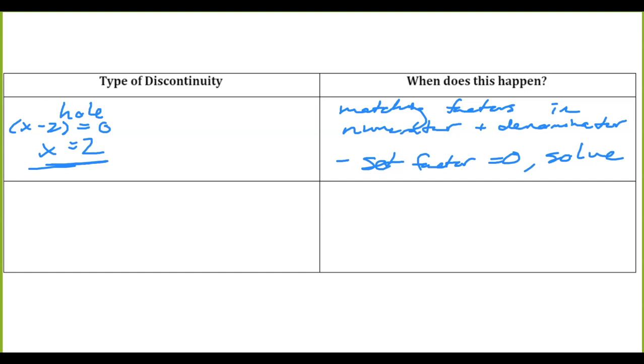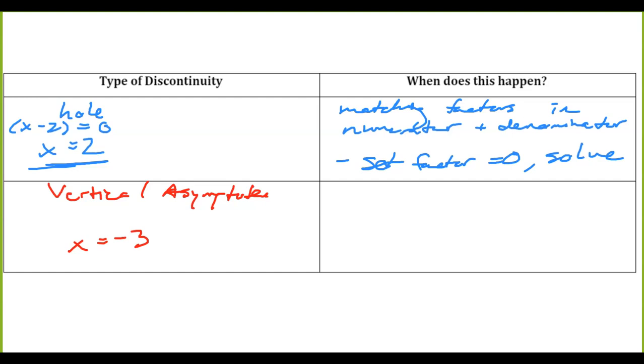It doesn't have any difference in terms of how you draw the graph, but you just put the hole right on that spot. And the second type of discontinuity we covered is the vertical asymptote. So this would be our x equals negative 3 from the above example.